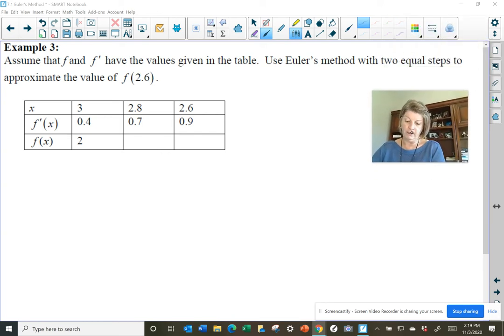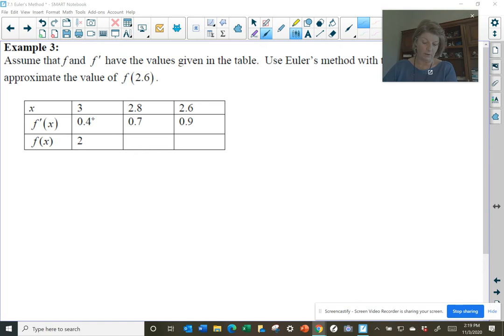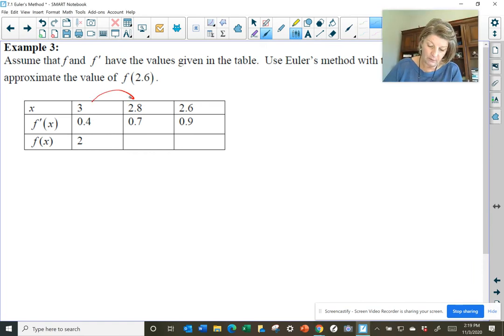Euler's method with 2 equal steps. That's the part that's kind of throwing me. Oh, I see it. 2 equal steps. We're going from 3 down to 2.8 down to 2.6. Obviously, delta x then is a negative 0.2 in both cases. 2 equal steps, and then I have the derivatives.